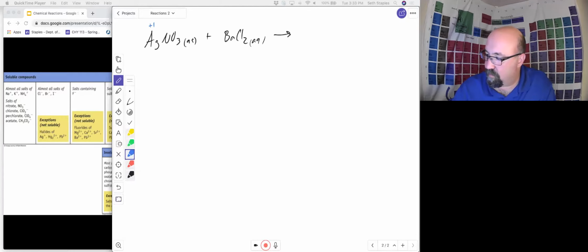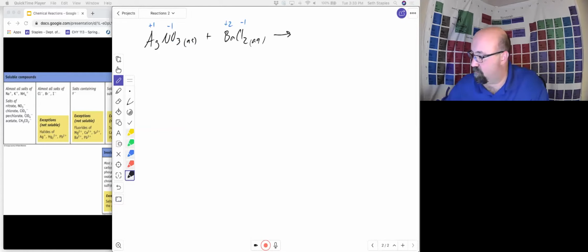Charge on silver is a +1, nitrate's a -1, barium's a +2, chloride is a -1. And so one of our plus-minus combinations is +1 silver with -1 chloride. Our other positive-negative combination, +2 barium with our -1 nitrate, so we get BaNO3 2.